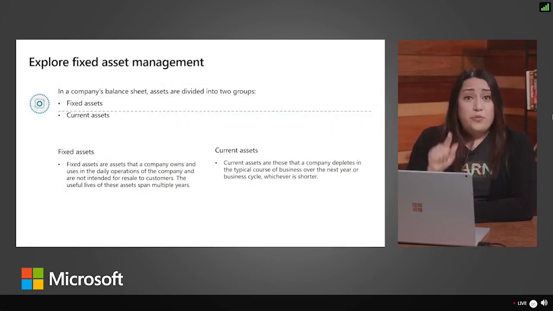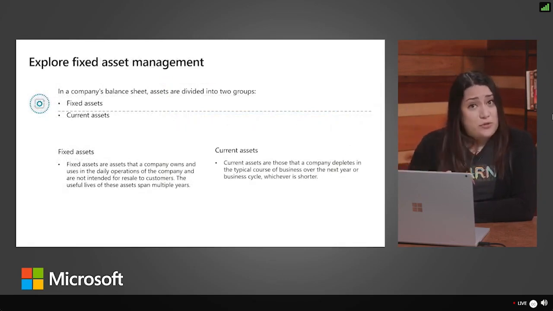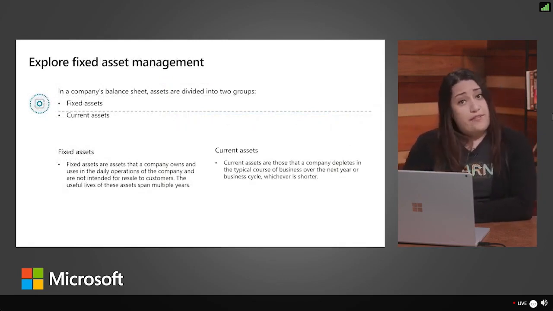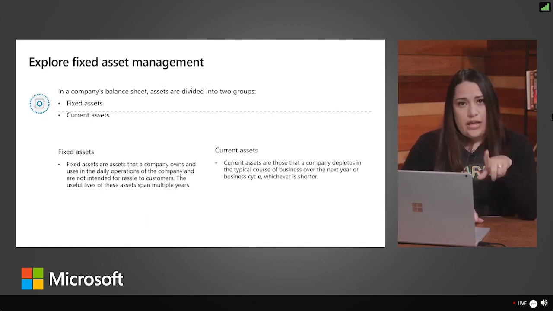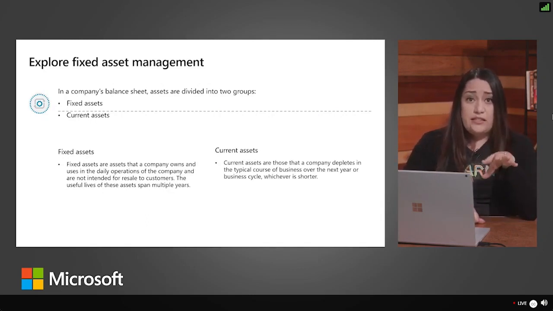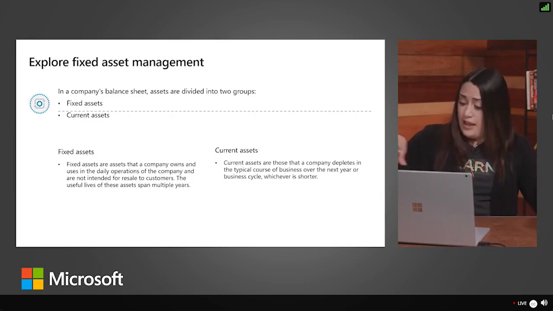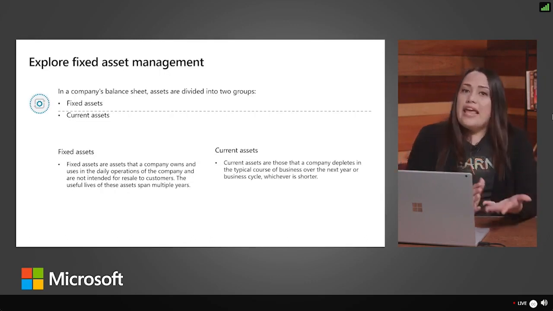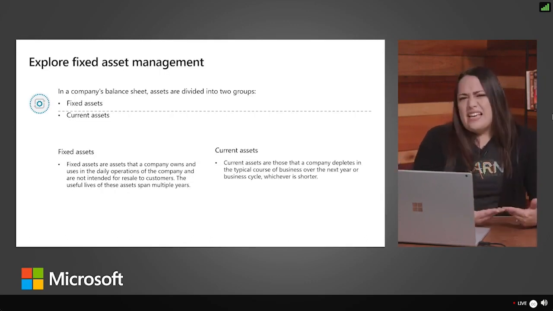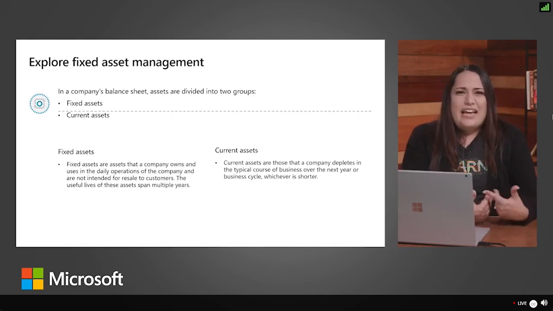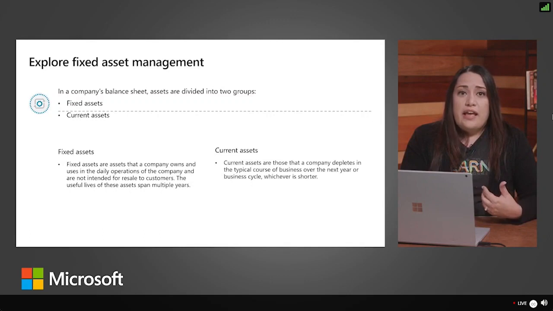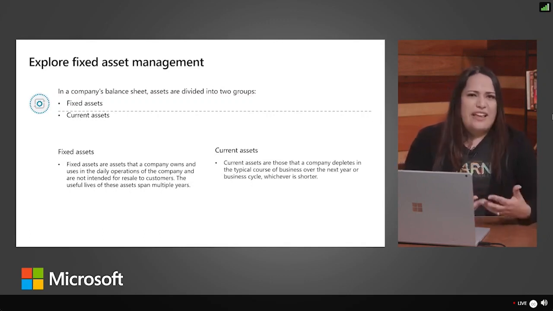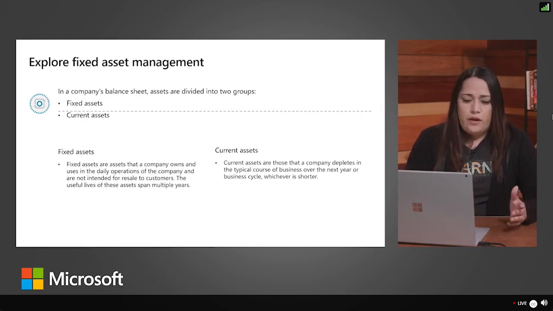Okay. I do want to move on to the asset management tools inside of Dynamics 365 Finance. But before I can do that, I need to make sure you understand the difference between a fixed asset and a current asset. In accounting, we hear the term asset, which is basically an item or a resource that's owned by an organization, and it's supposed to provide some type of monetary benefit in the future, like cash flow.